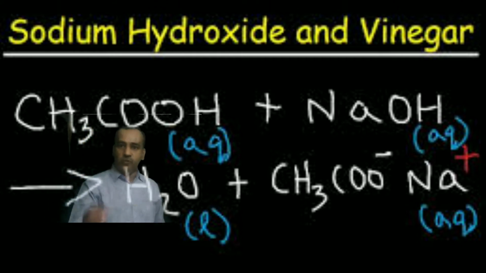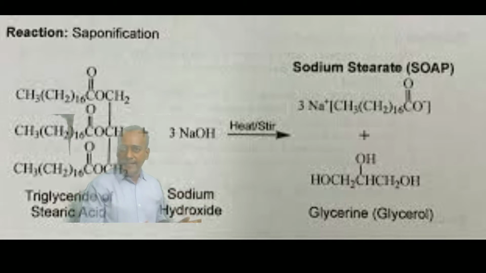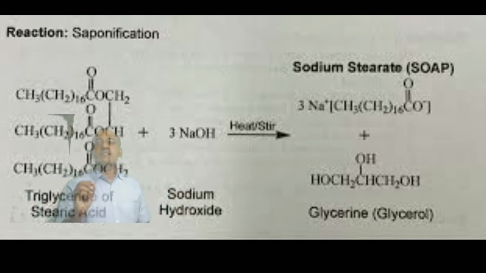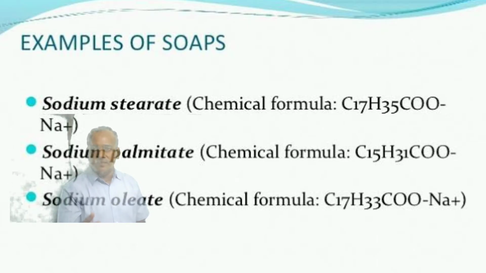Similarly, if sodium hydroxide reacts with stearic acid, we get sodium stearate. Sodium stearate is one of the very important soaps. Normally, soap means sodium stearate, sodium palmitate. These are some of the very important soaps.